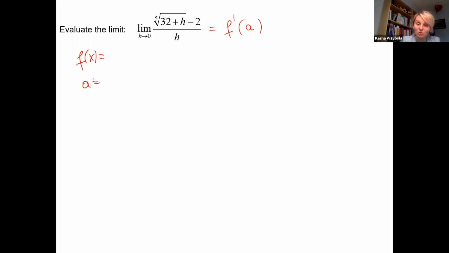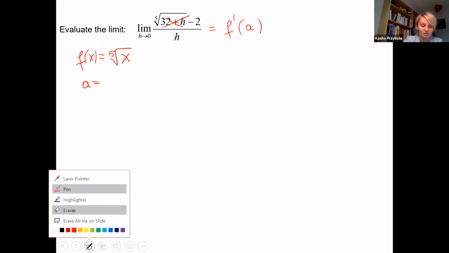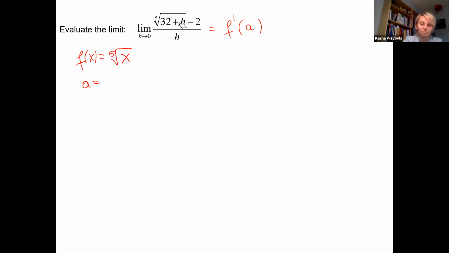Yes, the 5th root of x. Excellent. Because we can see x is replaced and a plus h is substituted. And what is a? A is 32. Excellent.